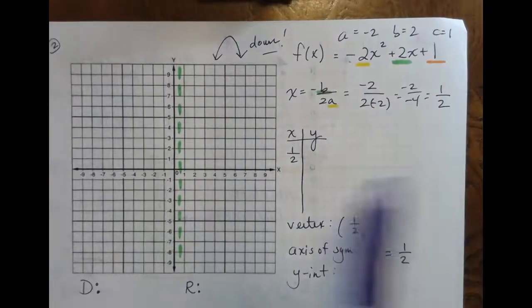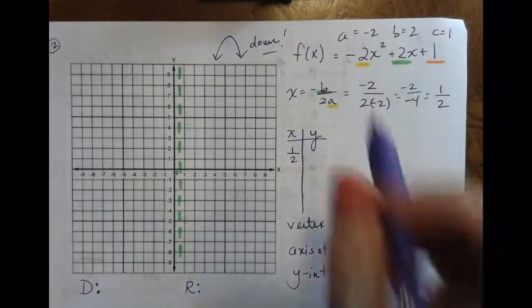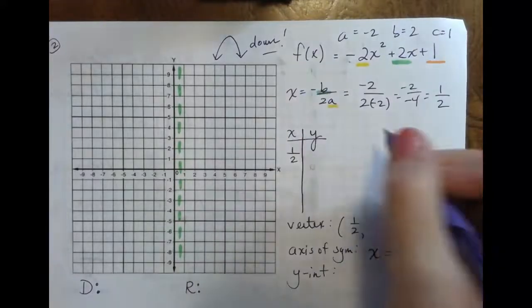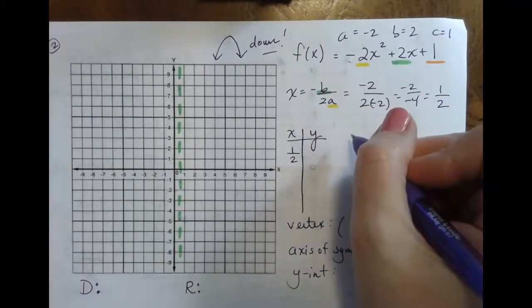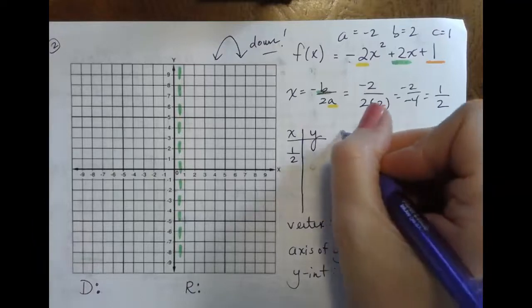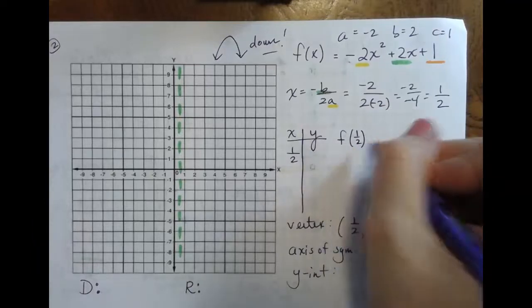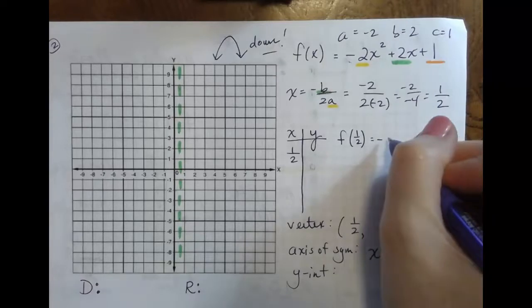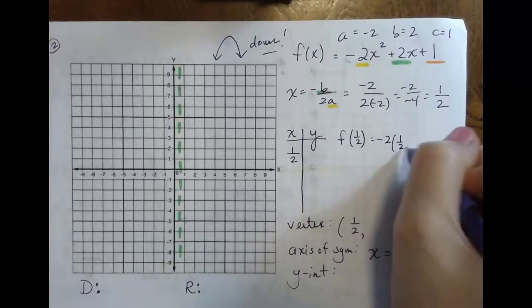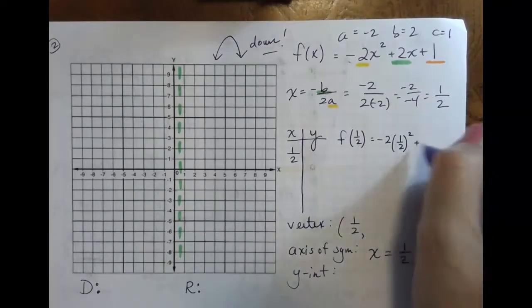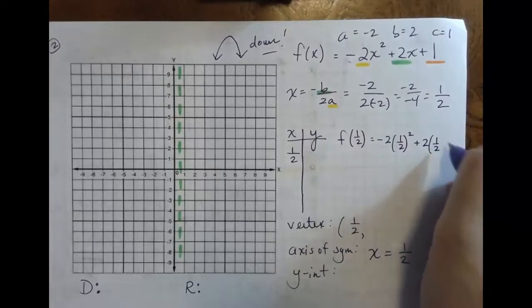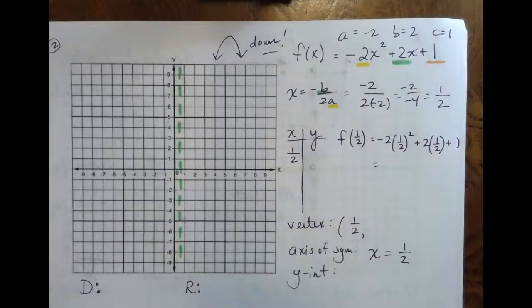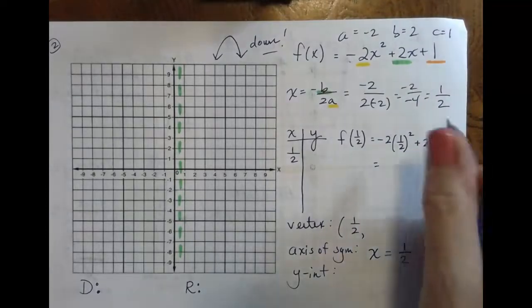Now we're going to take that 1/2, and remember we are going to evaluate the function when x equals 1/2. So f of 1/2 equals -2 times 1/2 squared plus 2 times 1/2 plus 1. So we're going to do a little fraction magic here.